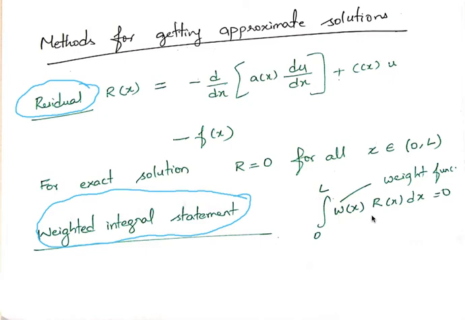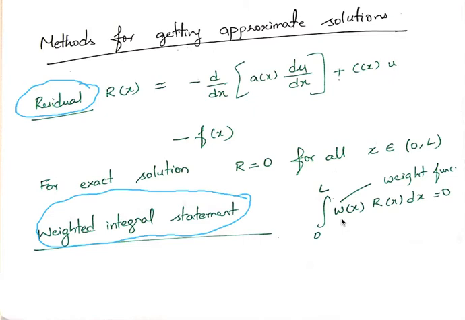I will come to what the weight function is and its physical meaning in a minute, but for now just focus on the mathematical part of things. So I am going to multiply the residual with a weight function and then say that the integral of this product over the domain must be equal to 0 for a set of weight functions.